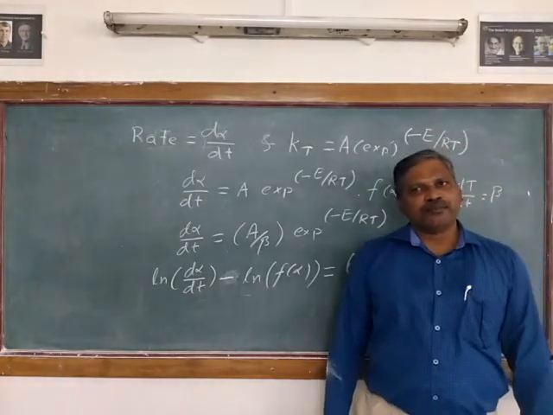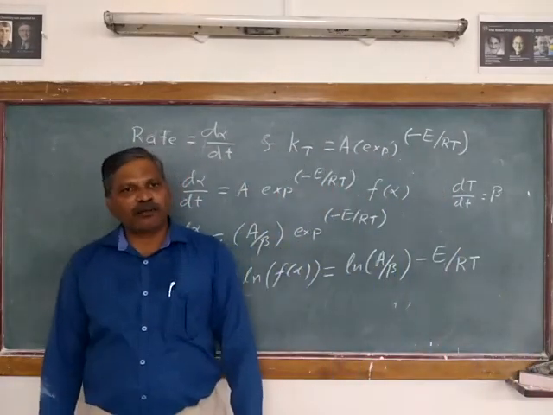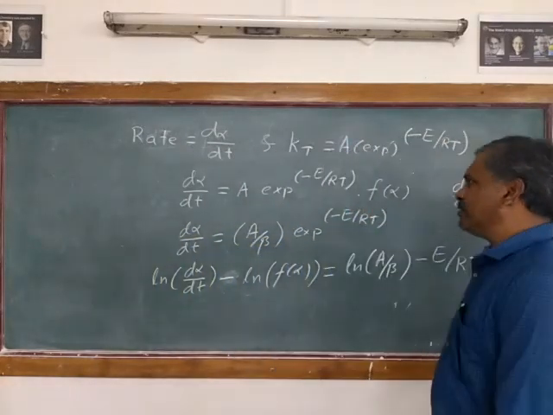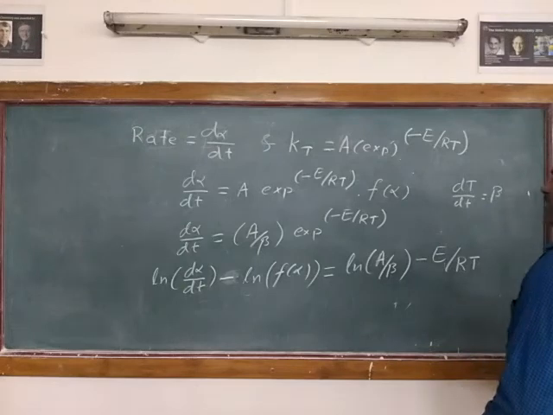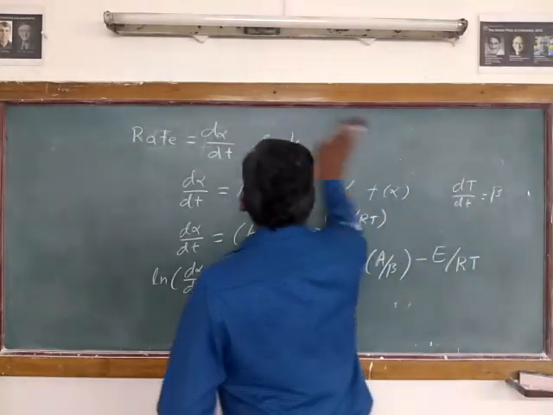Another method to measure alpha and d alpha by dt is the constant rate method. We can measure d alpha by dt and alpha by using the constant rate method.